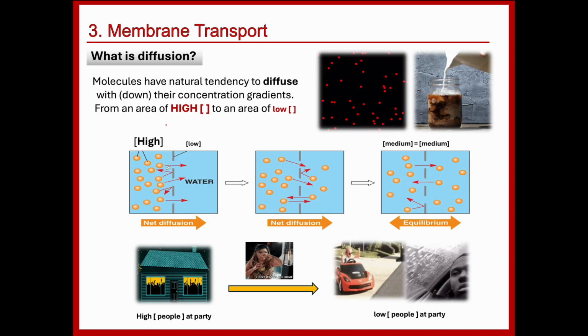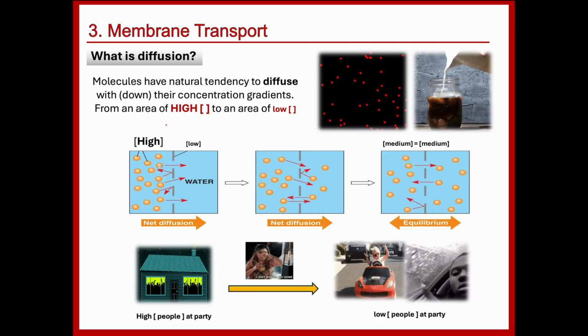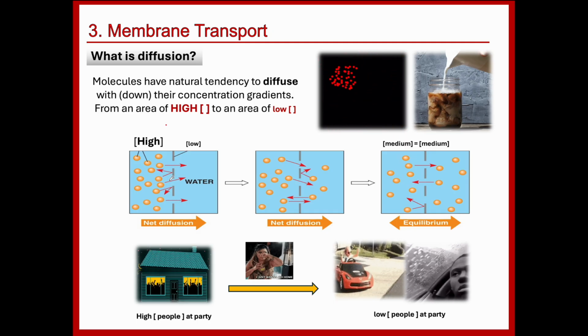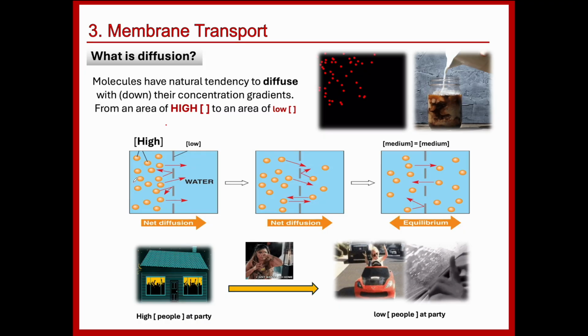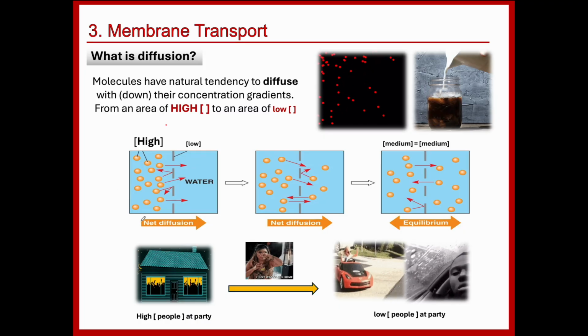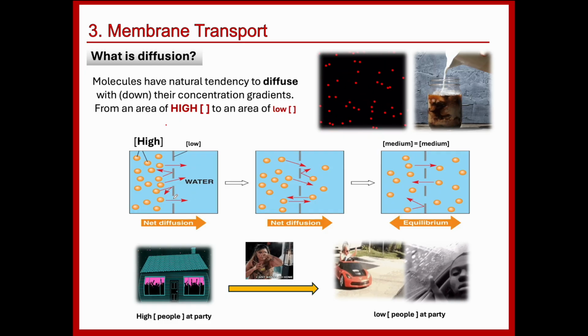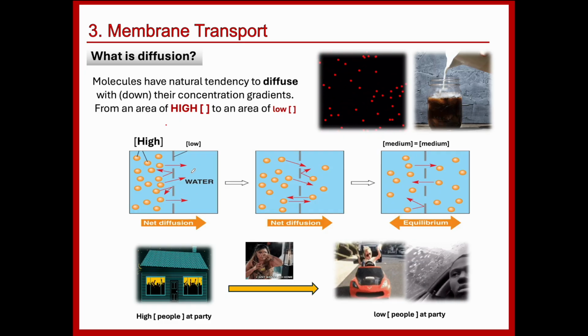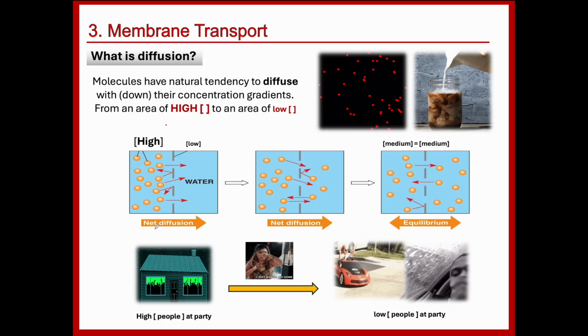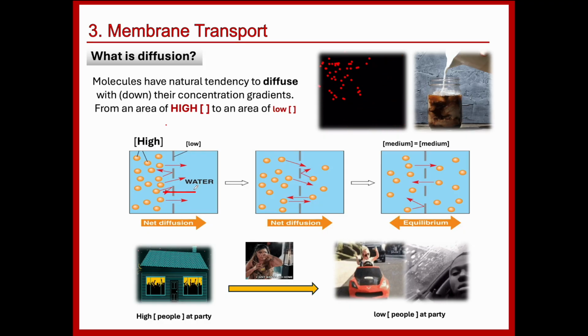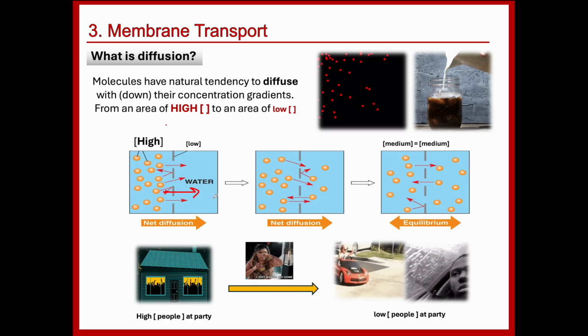These molecules will bounce. Some will bounce back, but a lot of them will bounce through these little slits. And look how tightly packed they are. They're going to be bumping into each other and kind of pushing each other out the door. So there will be a net diffusion out into this lower concentration.